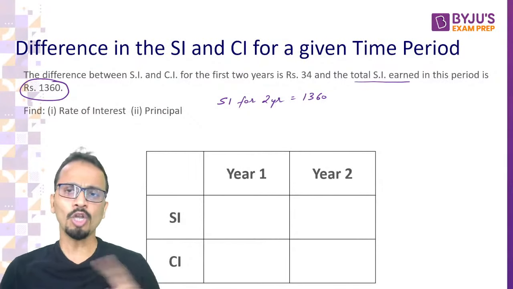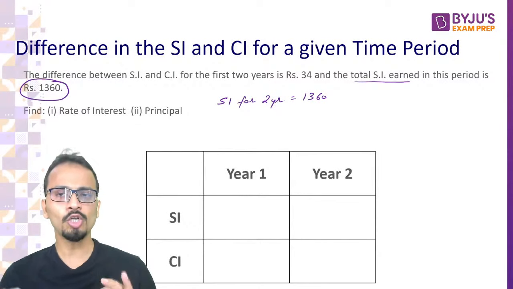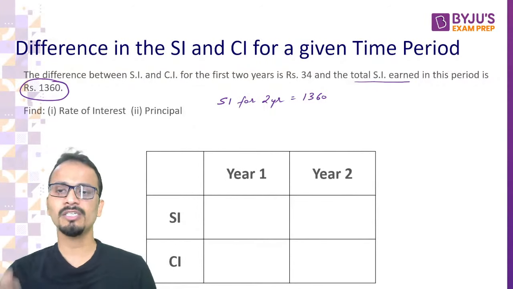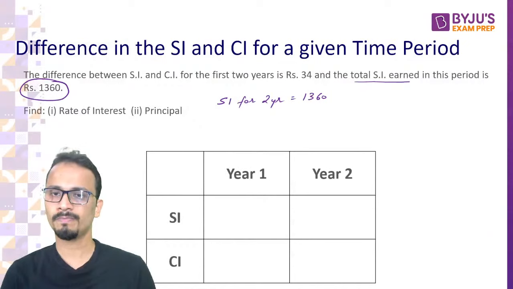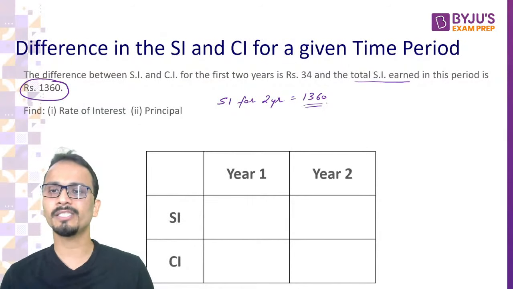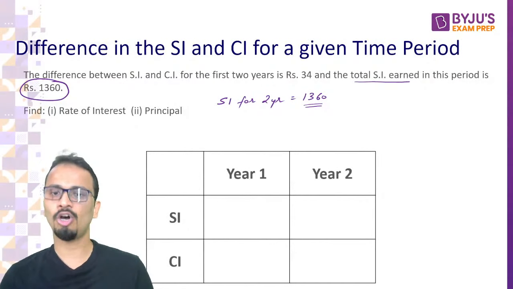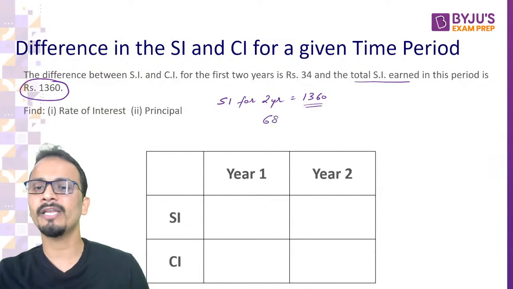From the logic that we have just seen a few minutes back, simple interest remains the same for every period of time. Whatever simple interest I get in the first year, the same I'll get in the second year, third year, fourth year, and so on. So this simple interest of 2 years, which is 1360, should be equally divided among the 2 years. So 1360 divided by 2 is 680.